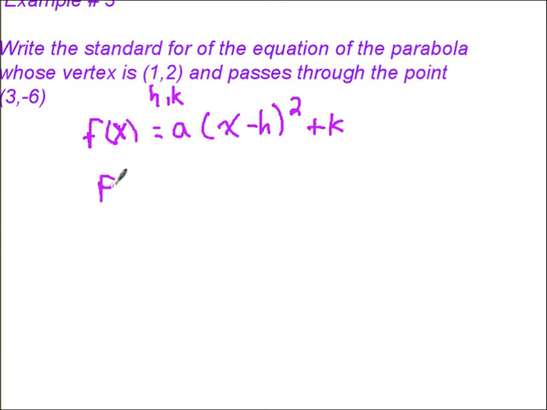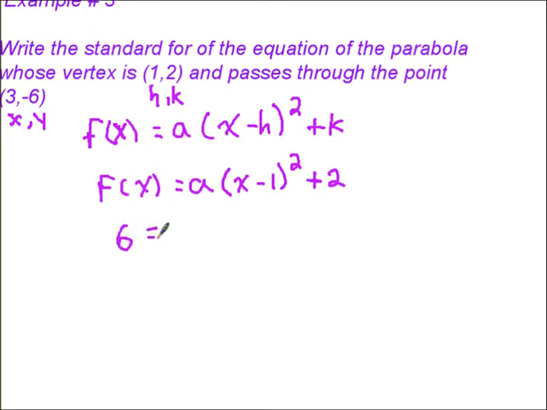So I'm going to have f of x equals a times x minus 1 quantity squared plus k, which is 2. I'm also given this point, so this is a unique coordinate x and y, which means I have negative 6 equals a, which is the only variable I don't have enough information for.